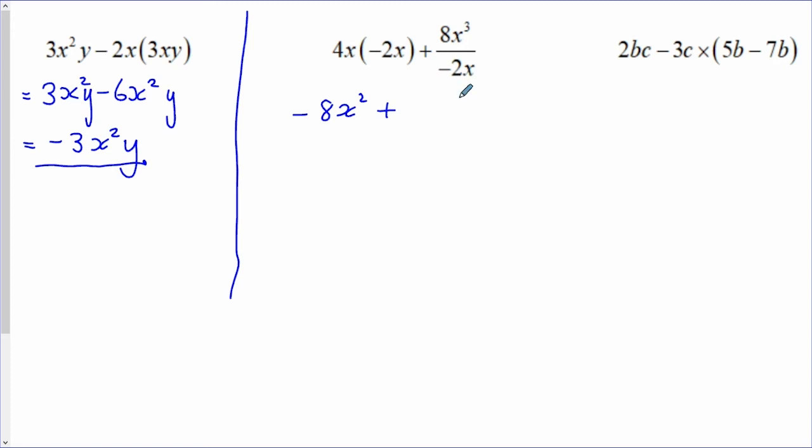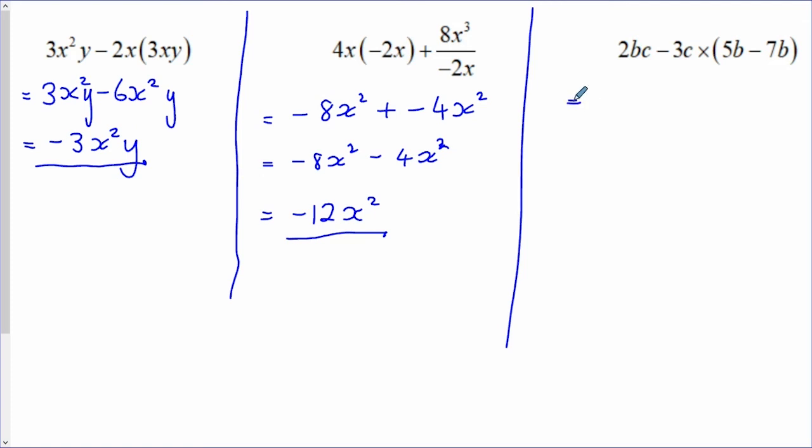8x cubed divided by negative 2x. Well, when you divide a positive by a negative, you get a negative. 8 divided by 2 is 4, and x cubed divided by x is x squared. So we're going to get negative 8x squared minus 4x squared. So we actually end up getting minus 12x squared. Right, and then this one, we're going to do what's in the brackets first.